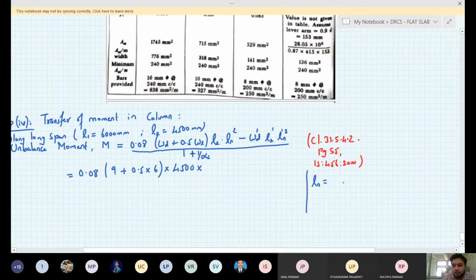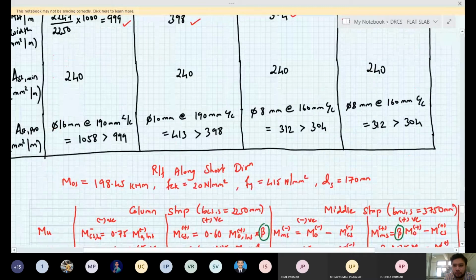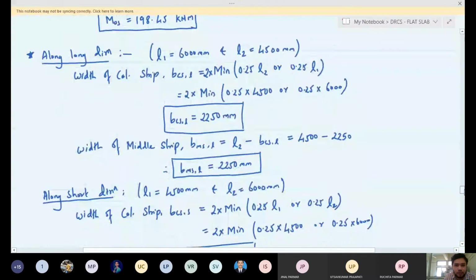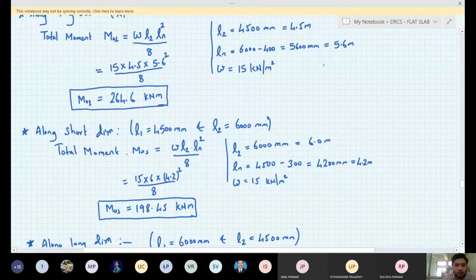Which is equal to, we have already calculated ln. If you remember, for the total moment we found the ln along the long direction, and that was 5.6 meter, or 5600 mm.